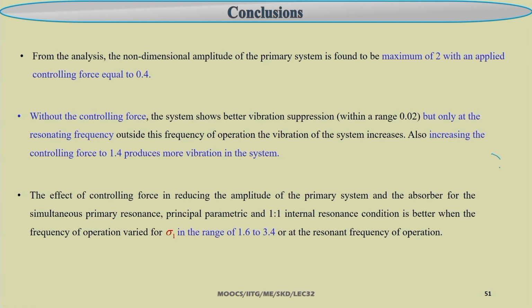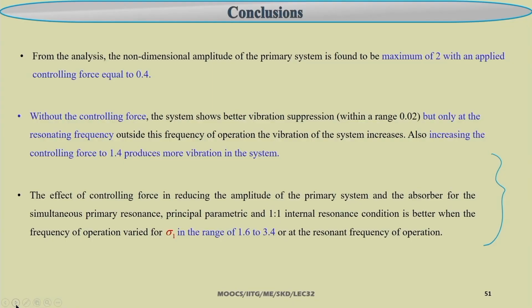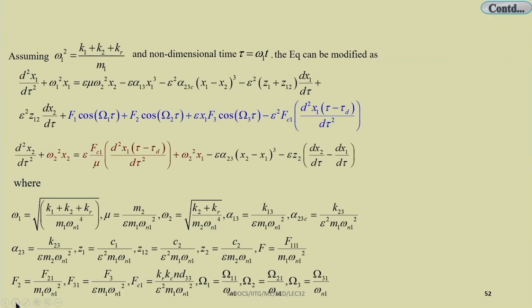By controlling this detuning parameter, in this case we have applied 3 conditions simultaneously. We have the superharmonic and subharmonic, as we have taken 3 frequency terms. So we can apply subharmonic, superharmonic and principal parametric resonance conditions simultaneously. If we are taking only a single frequency, then this is not possible.